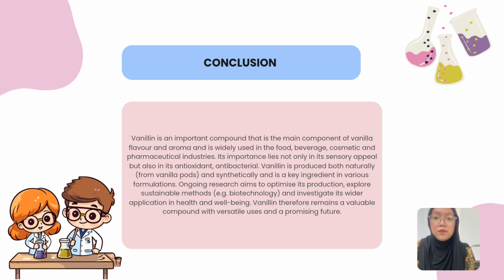Vanillin is produced both naturally and synthetically and is a key ingredient in various formulations. Ongoing research aims to optimize its production, explore sustainable methods, and investigate its wider application in health and well-being. Vanillin therefore remains a valuable compound with versatile uses and a promising future.